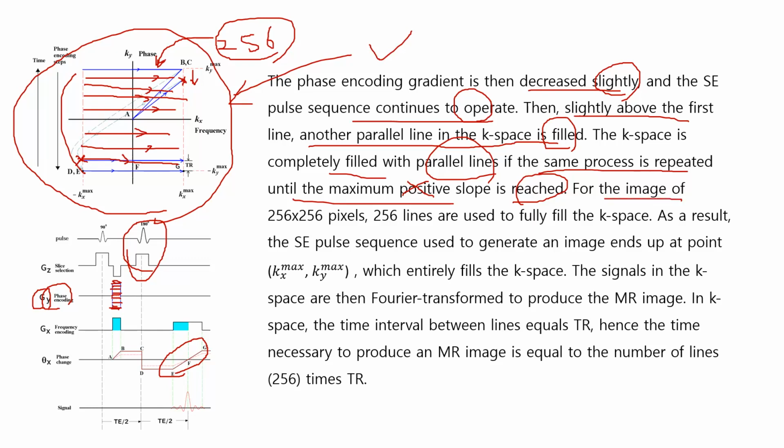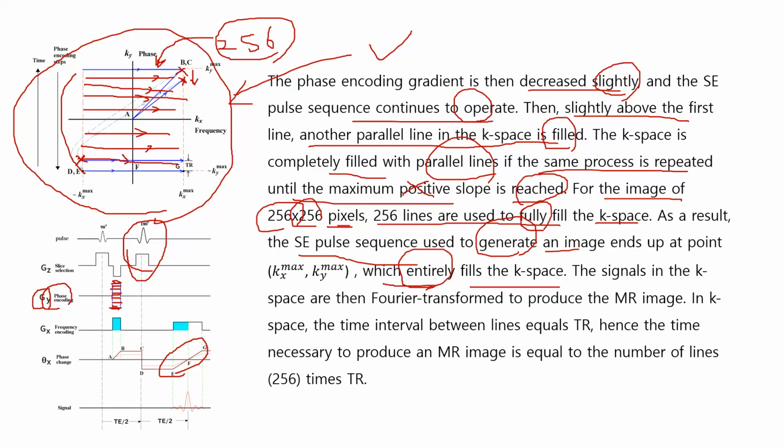For an image of 256 by 256 pixels, 256 lines are used to fully fill the K-space. As a result, the spin echo sequence used to generate an image ends up at point kx max, ky max, which is entirely filled K-space.